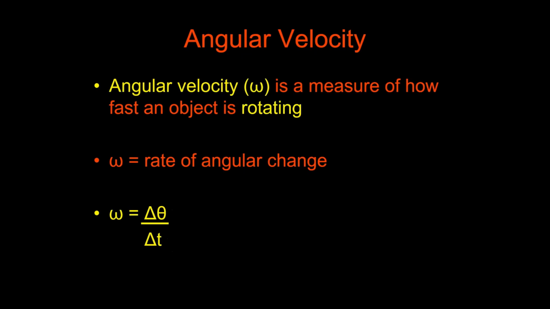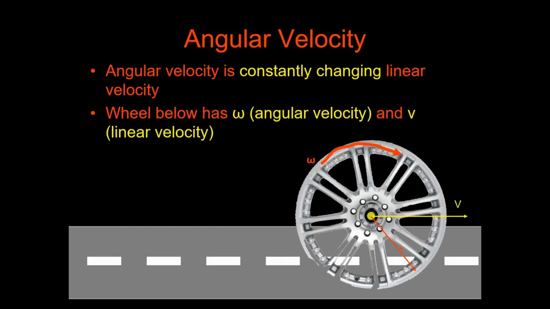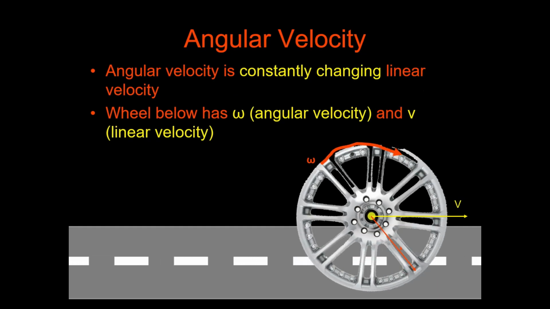And remember, this velocity is defined as radians per second. Don't mix up your velocities. There's a lot of different terms coming around now, some linear, some angular, and you need to pay attention to the question to decide which it is giving me, or which it asks for. When we are spinning something around, the angular velocity is actually a constantly changing linear velocity.